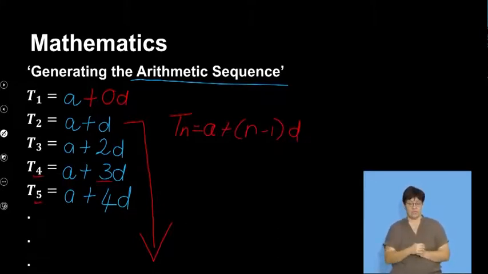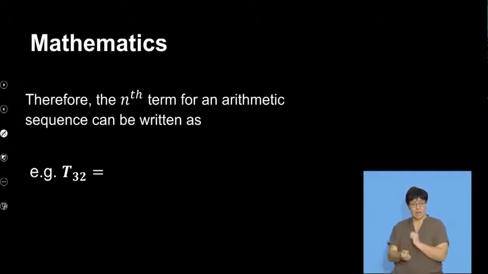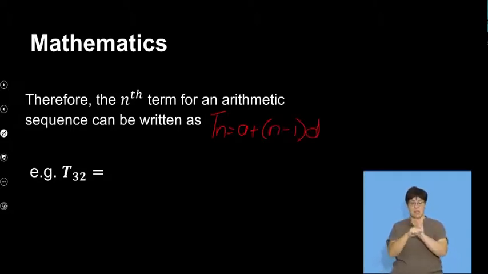For term 5, we added 4 differences. For term 3, we added 2 differences. So because of this pattern, we can then say that as we know that the general form of an arithmetic sequence is equal to A plus (n minus 1)d, I can actually write down the formula for any term with any term number.